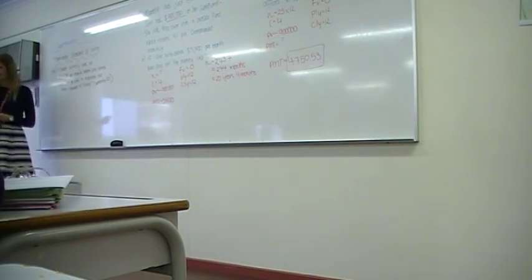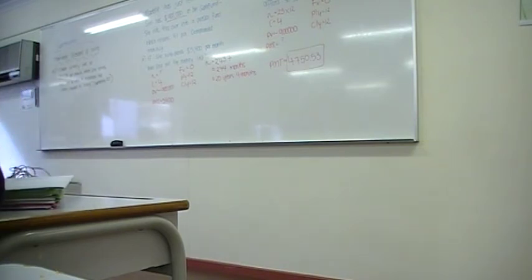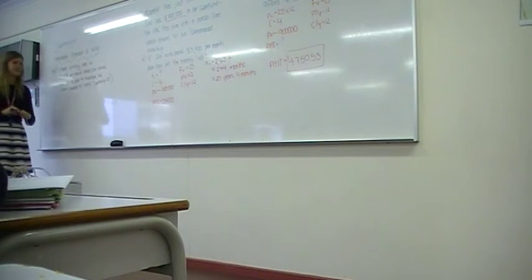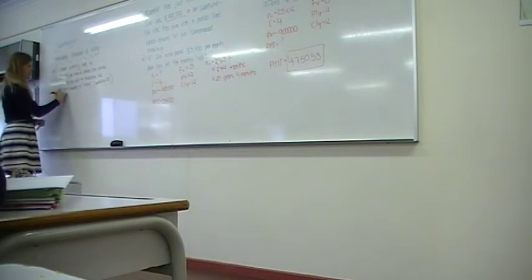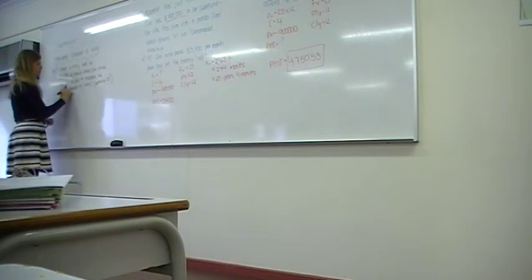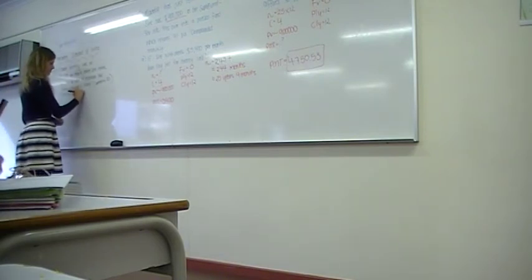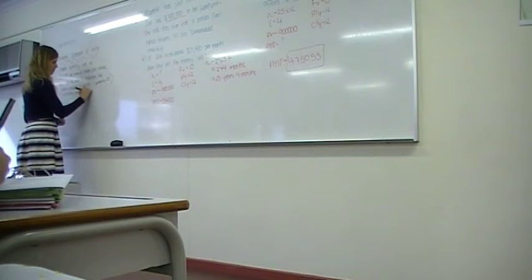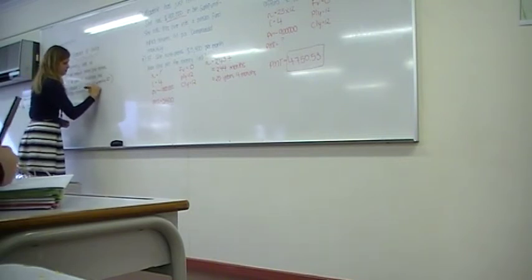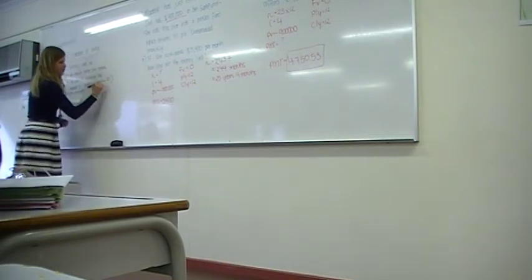Currently she's 20, and we want to know whether she will maintain the same standard of living. Inflation averages 1.3%. If we're talking about inflation, we've got to have our indexed value.